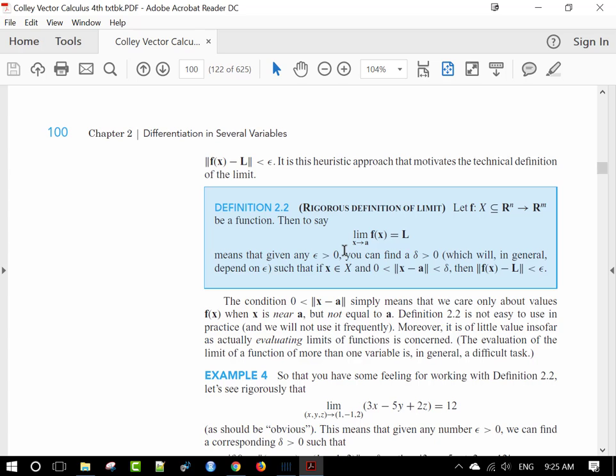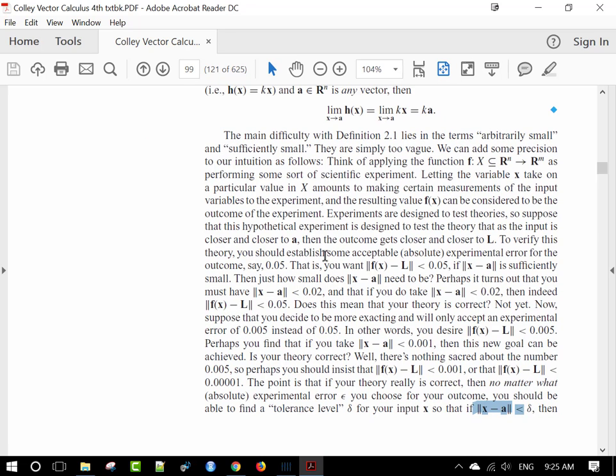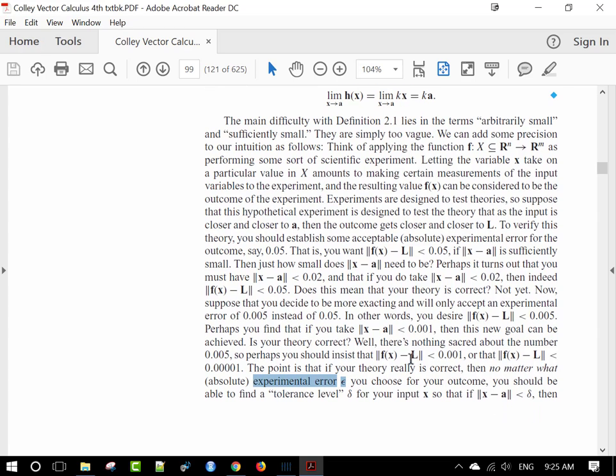means that given any epsilon greater than 0, and what did they call that? That wasn't the tolerance. That was called the experimental error that was being applied to this part. Delta was being applied to this part.